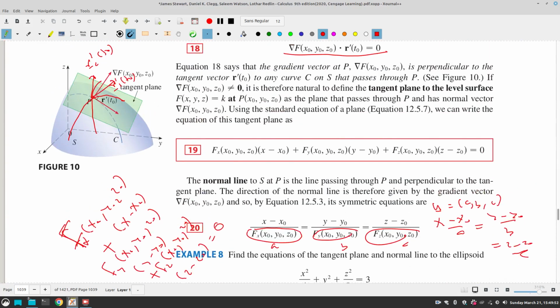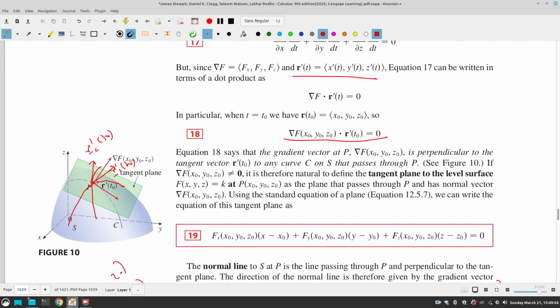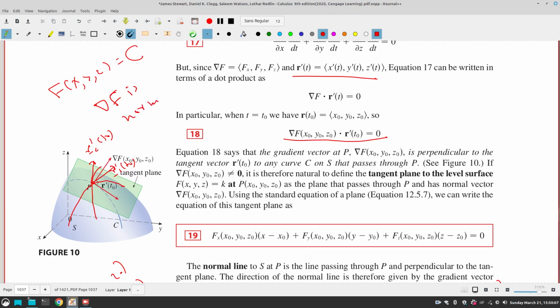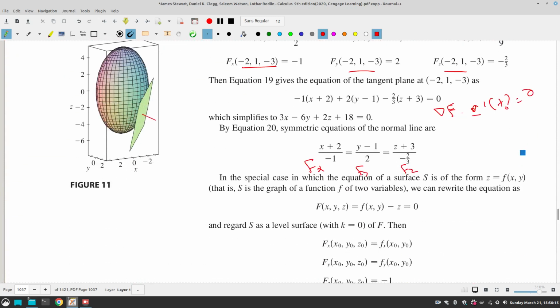So if you have a surface given by f of x, y, z equals some constant, then del f is normal to the surface. Right, so these are three very salient points.